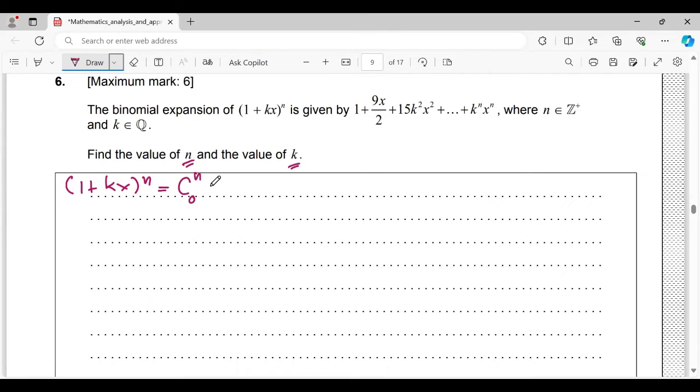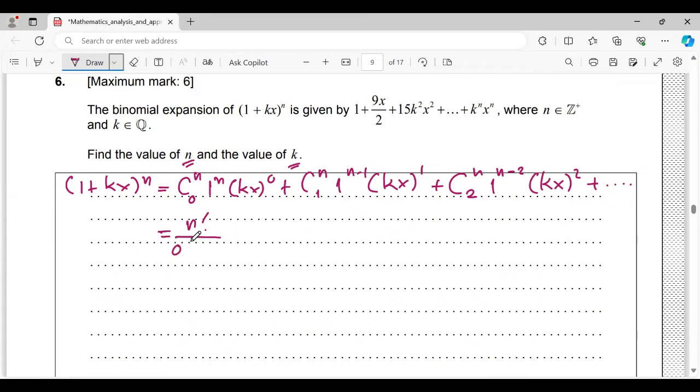Combination 0 n of 1 power n times (kx) power 0, plus combination 1 n of 1 power n minus 1 times (kx) power 1, plus combination 2 n of 1 power n minus 2 times (kx) squared, plus so on.